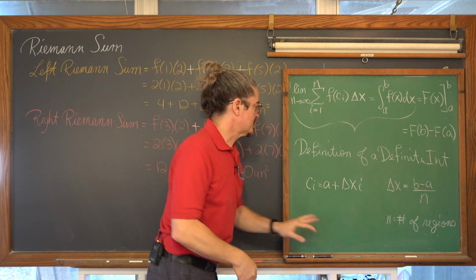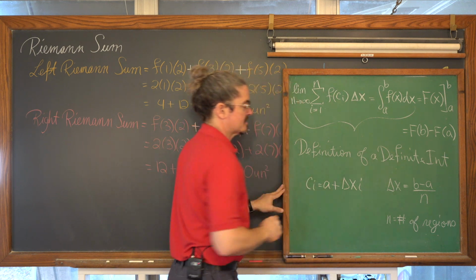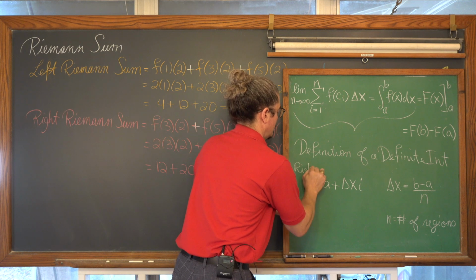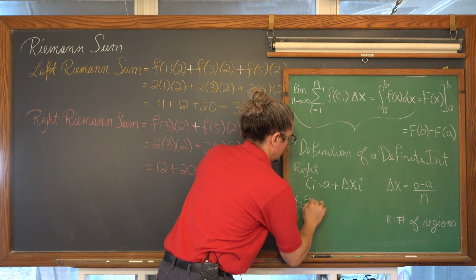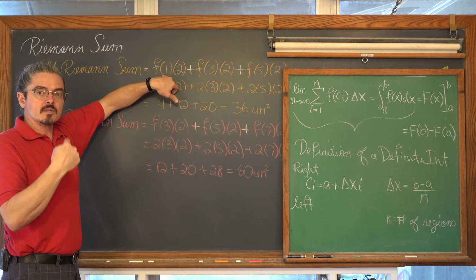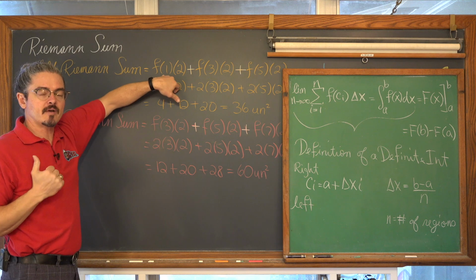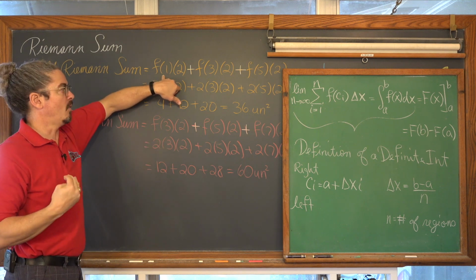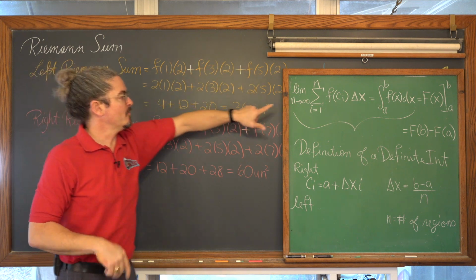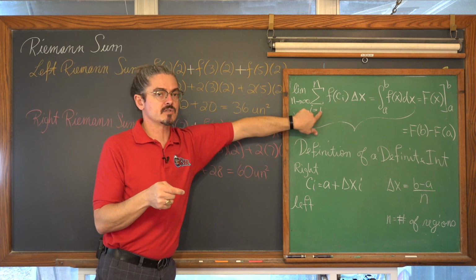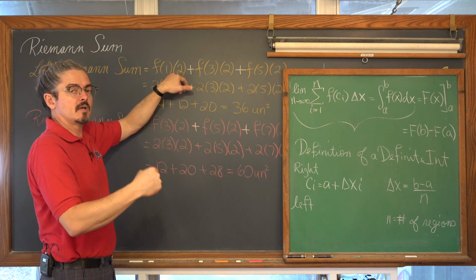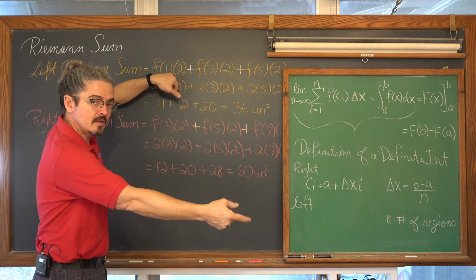And for a right Riemann sum, this is the formula: c sub i is a plus delta x times i. Well, for a left Riemann sum, we actually use the lower limit, or the farthest left value of x within our interval of 1, and then we counted by 2, and then we counted by 2 again. So remembering that i has to start at 1 by definition, we didn't do a plus 1 times 2 or anything.